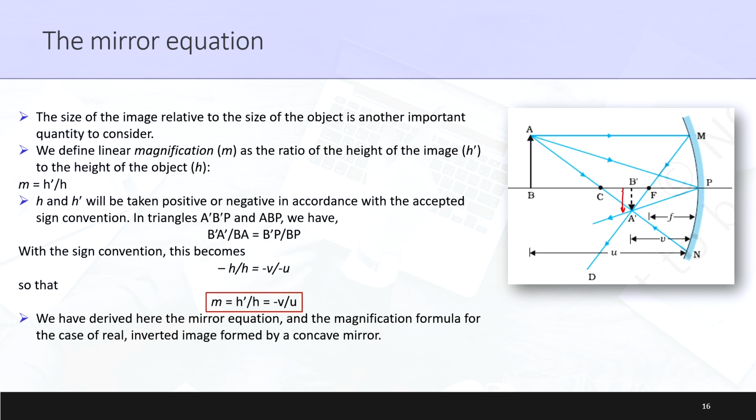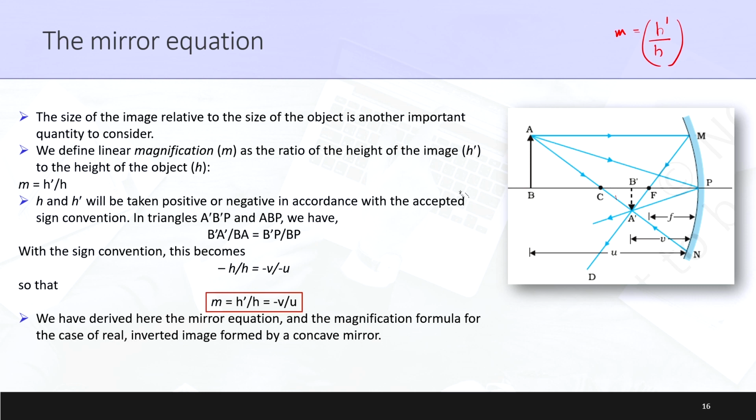So, let us say this is the height of the image which is denoted by h dash, and the height of the object is denoted by small h. Therefore, the magnification is defined as h dash upon h, that is m is equal to h dash upon h. Okay. So, h and h dash will be taken as positive or negative in accordance with the accepted sign convention. Now, let us move on.